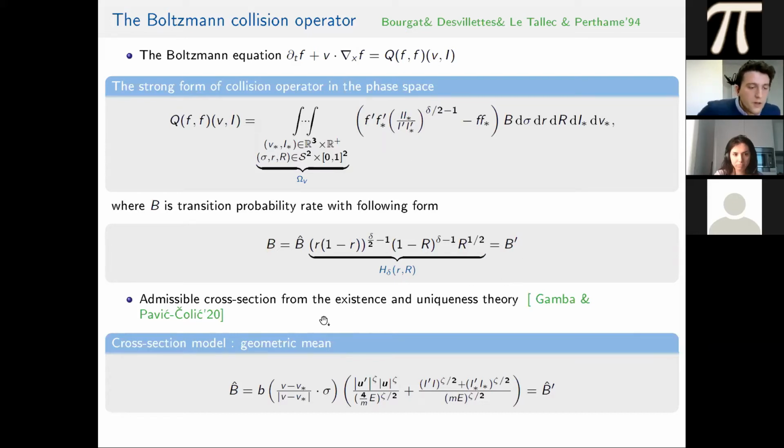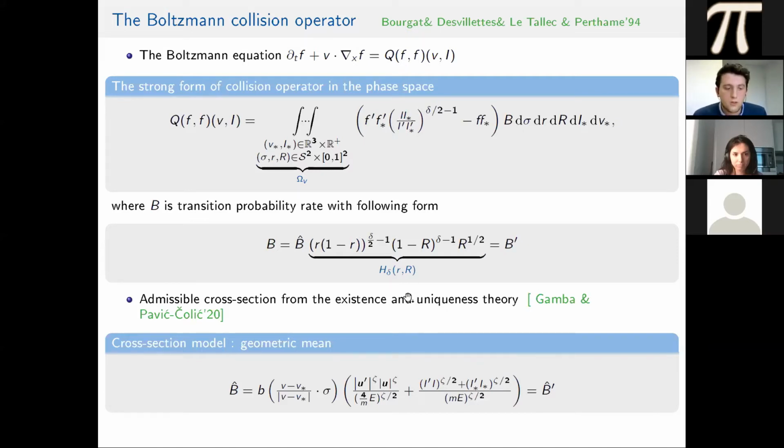In the work of Gamba and Pavić-Đorđić, they suggest this form of the cross section, and this form is actually the geometric mean between post- and pre-collisional quantities. A very important thing is that for this cross section, you can prove existence and uniqueness for the Cauchy problem for the homogeneous Boltzmann equation.